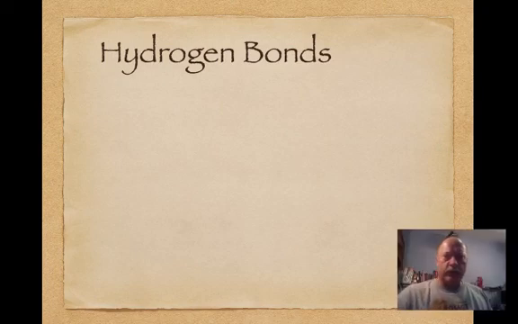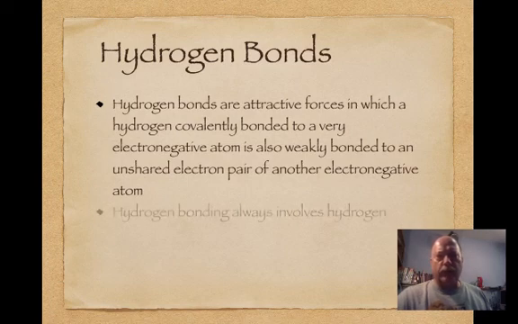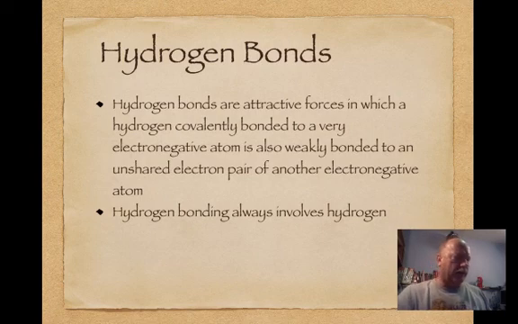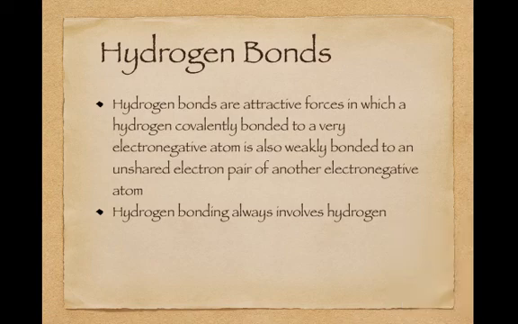All right, the third one is known as hydrogen bond, and this is the most powerful of the three. In order for this to happen, you have to have a highly electronegative atom bonded to hydrogen. You have to have hydrogen involved here. A good example of that is water, because water has hydrogen and oxygen is electronegative.